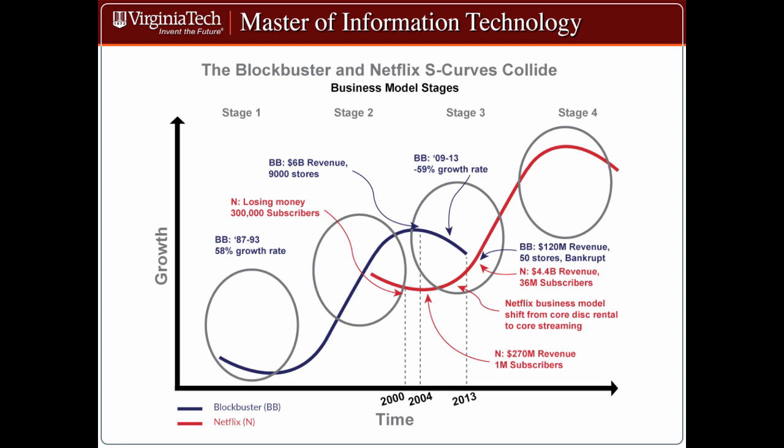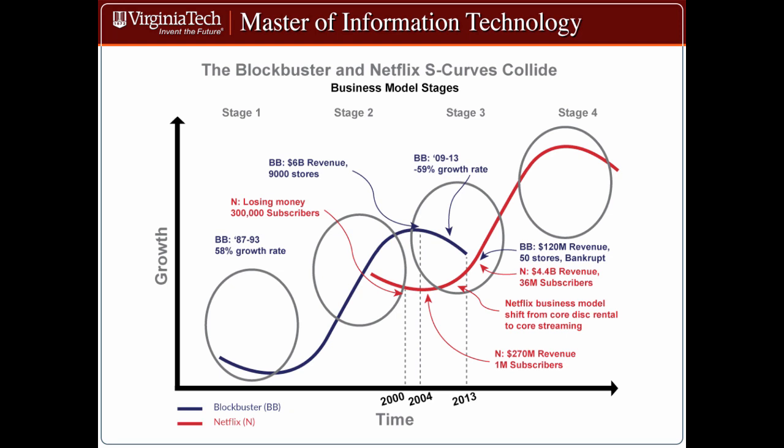But what's interesting here is that there doesn't seem to be a perfect correlation. It's close, but there's not a perfect correlation between the rate of growth that Netflix goes through versus Blockbuster's decline. So something kicks in here that starts to slow down the rate of growth of Blockbuster. There's more to the story than just Netflix disrupting Blockbuster.